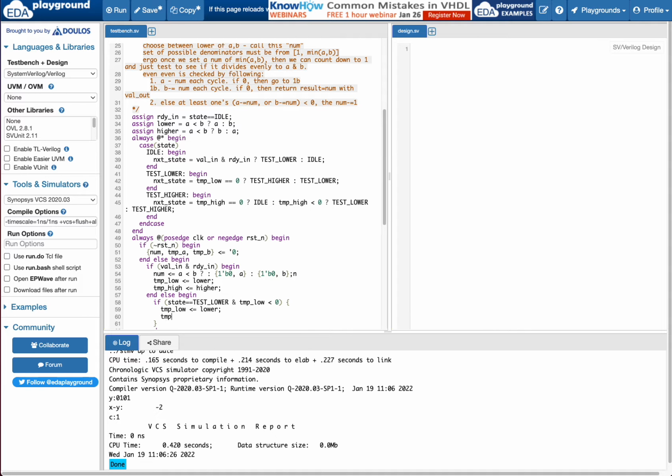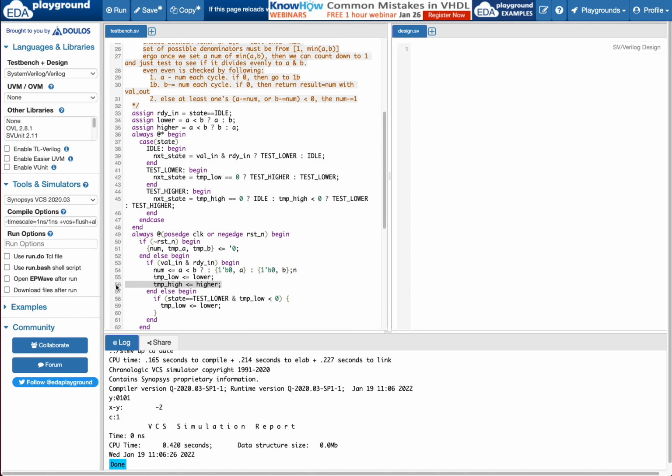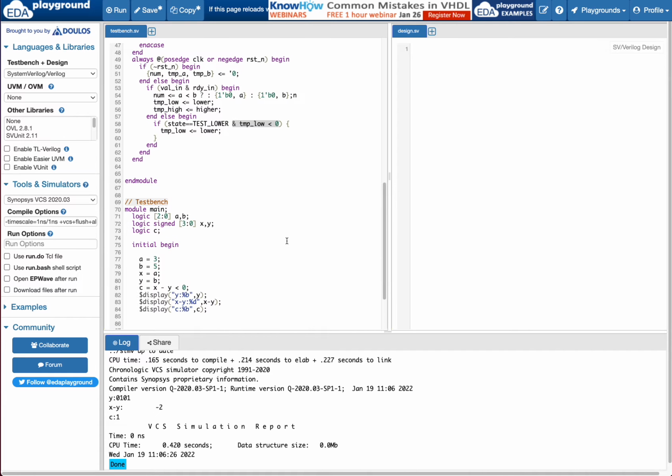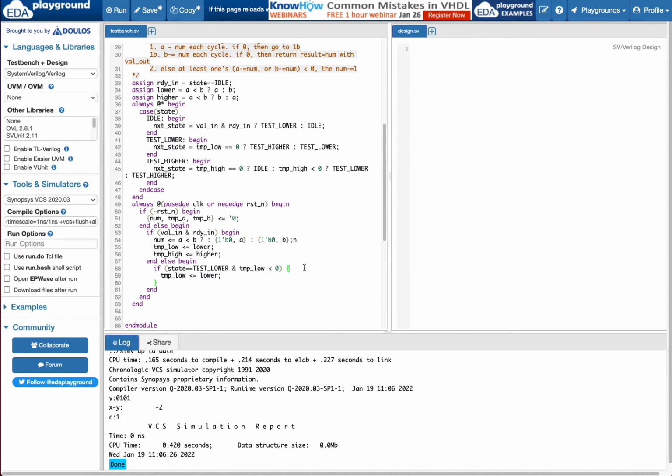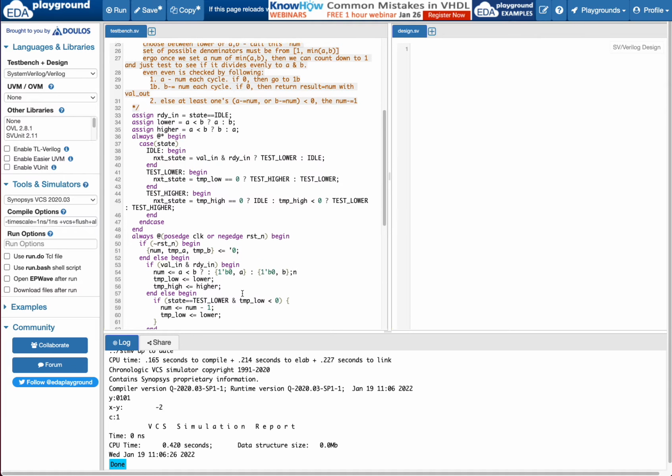Okay. Higher hasn't changed in reset because we haven't touched it. So if test lower and this is less than 0, that means A hasn't divided evenly, which means we need to reset this temp low, and then also the num is just going to be num -1.